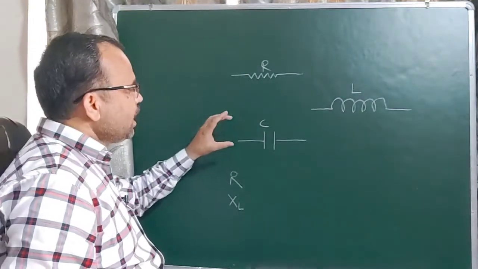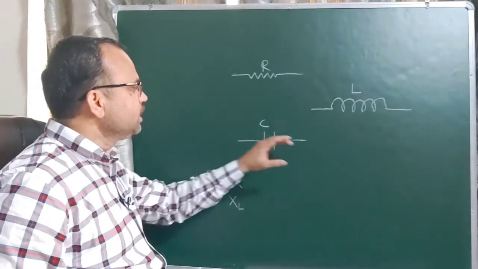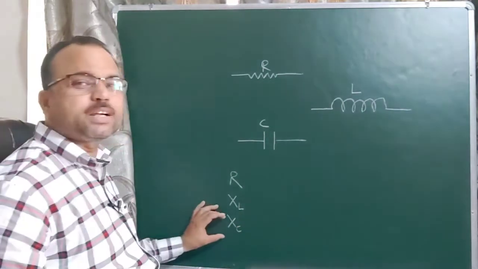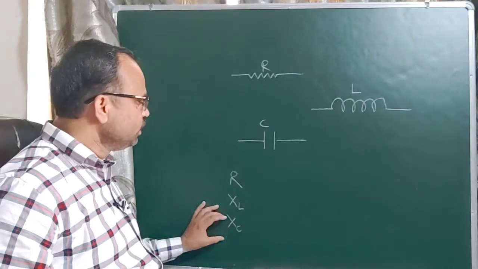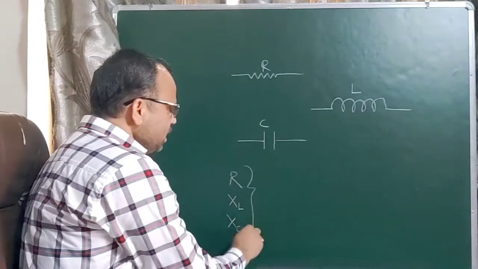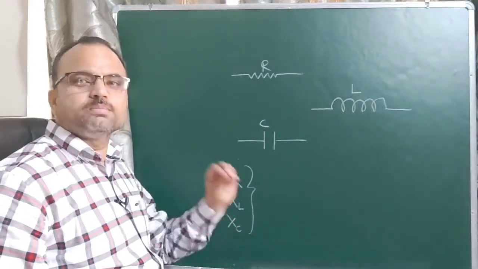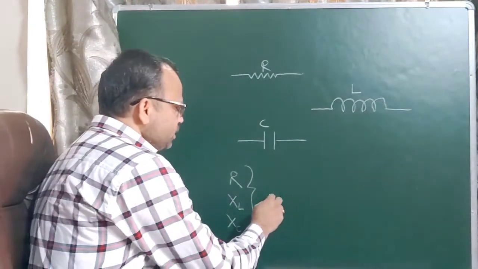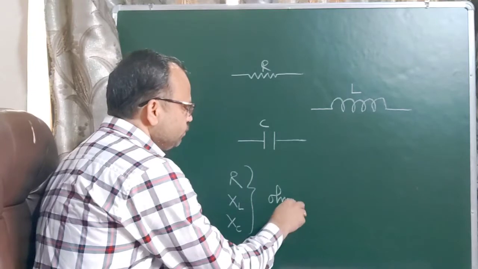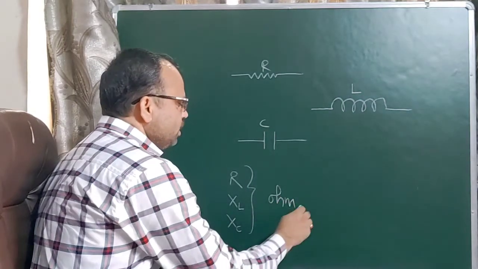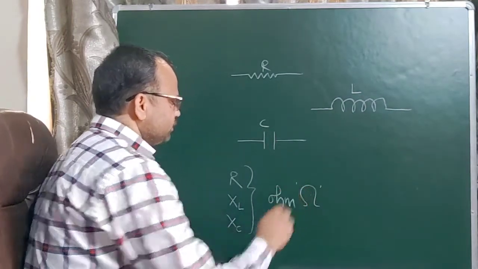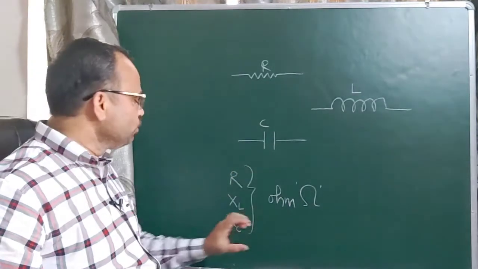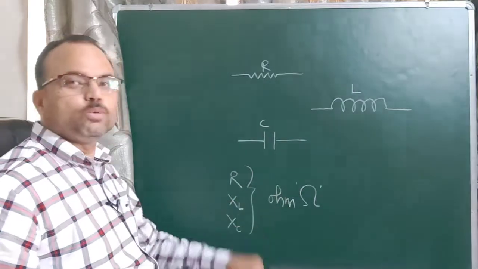Similarly, opposing the flow of charge in a capacitor is denoted by XC, meaning reactance of capacitance. All three are in general terms resistance, and the unit of all these three is ohm, and its symbol is this. So resistance unit ohm, reactance of inductor also unit ohm, reactance of capacitor unit ohm.